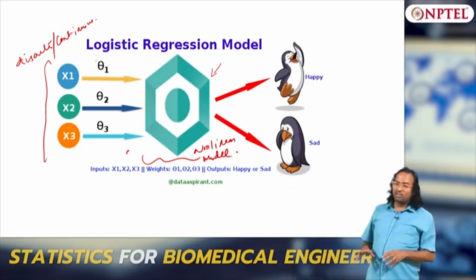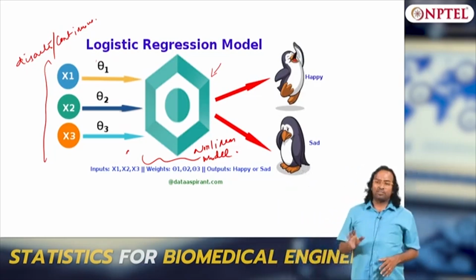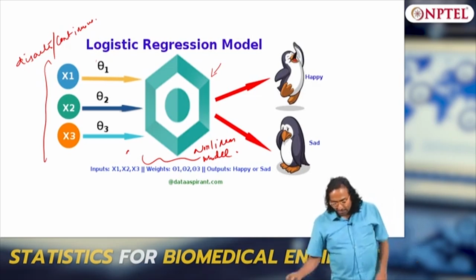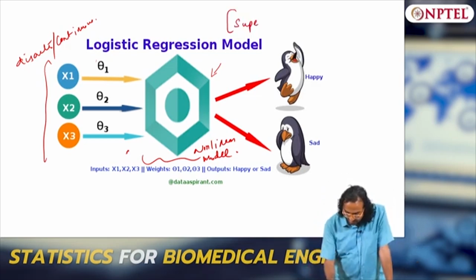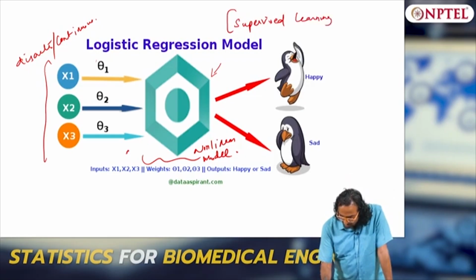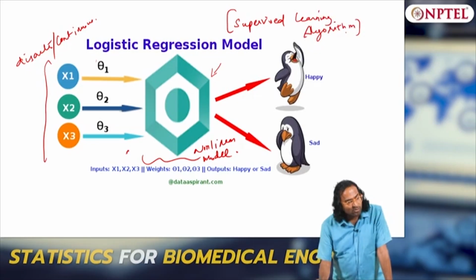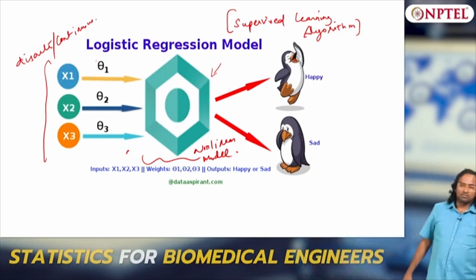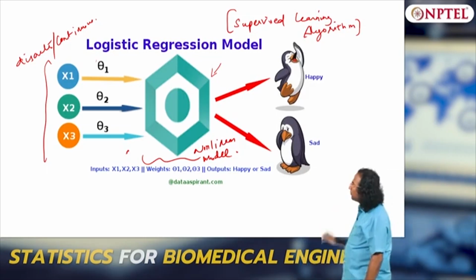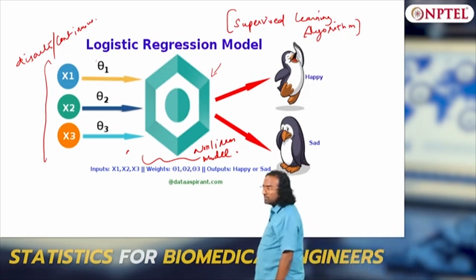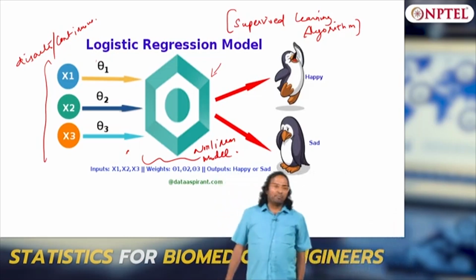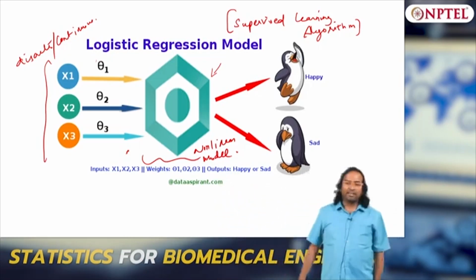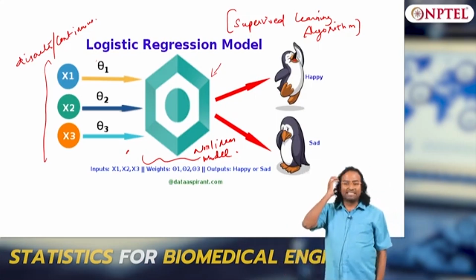So now we want to design this model so that it classifies accordingly. Again, this is a supervised learning algorithm. What I mean by that is you need to train it to classify things so that it can do well on the testing data, okay. It is similar to linear regression, but its output is truly binary or truly discrete.